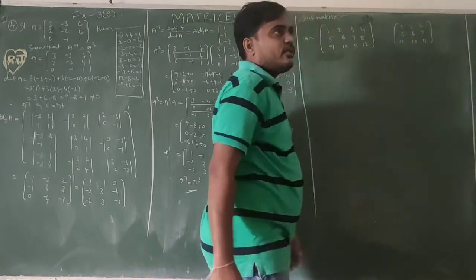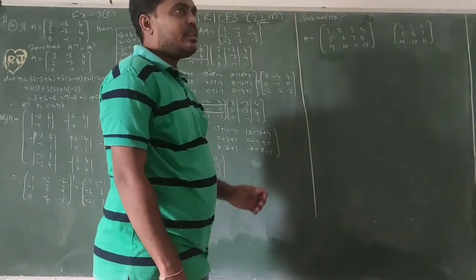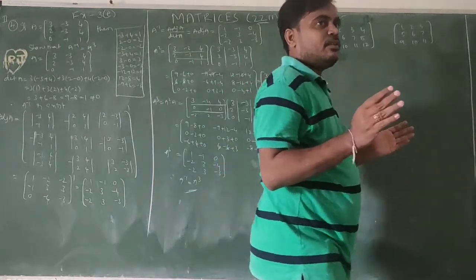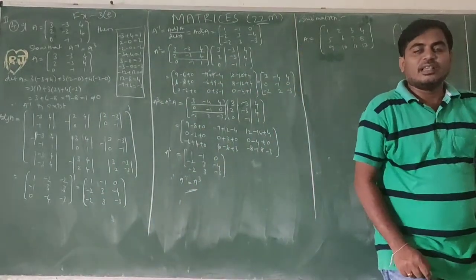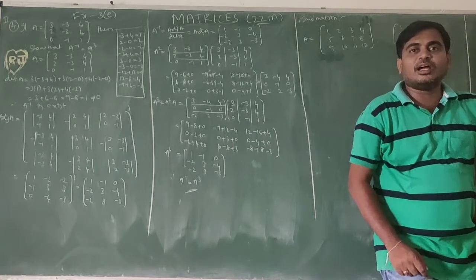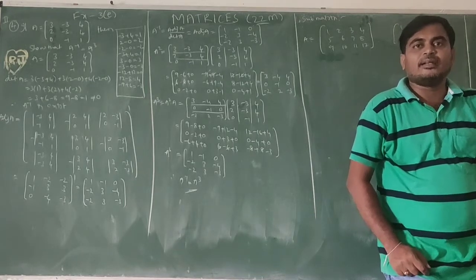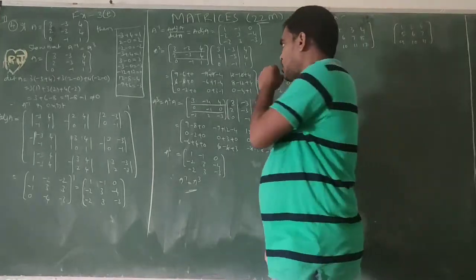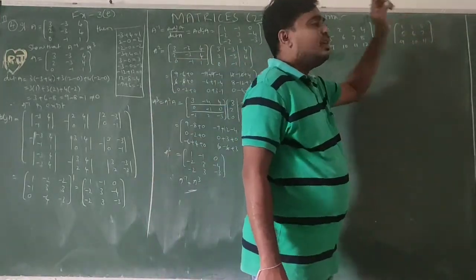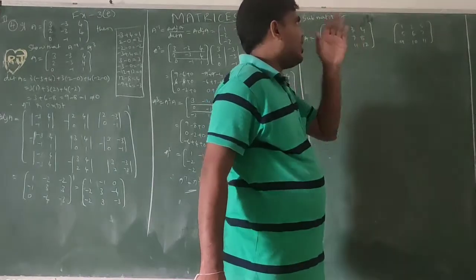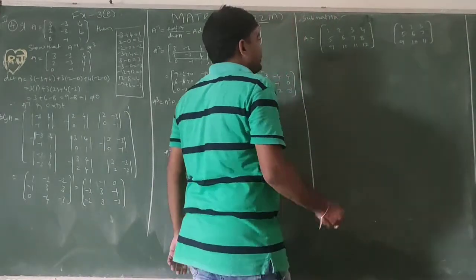This is also a submatrix. So a submatrix is a matrix obtained after deleting some rows or some columns. If it is a square matrix, then it is called a square submatrix.